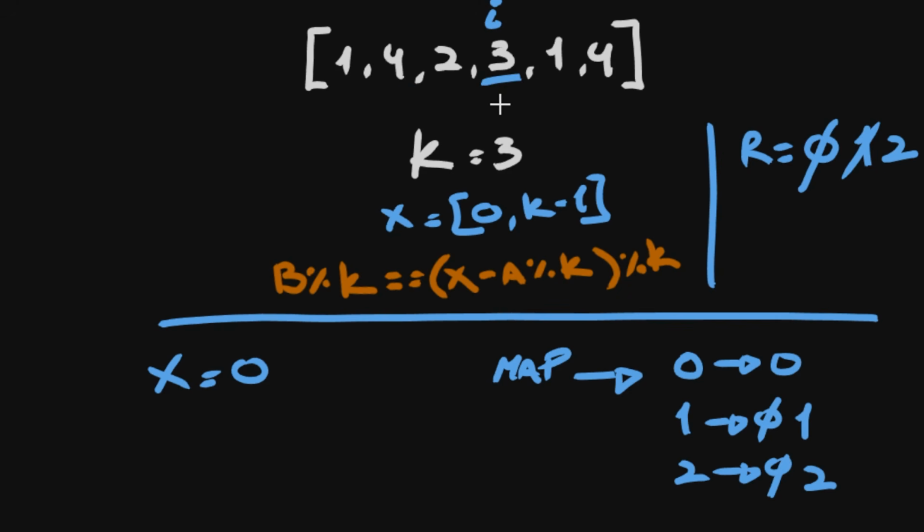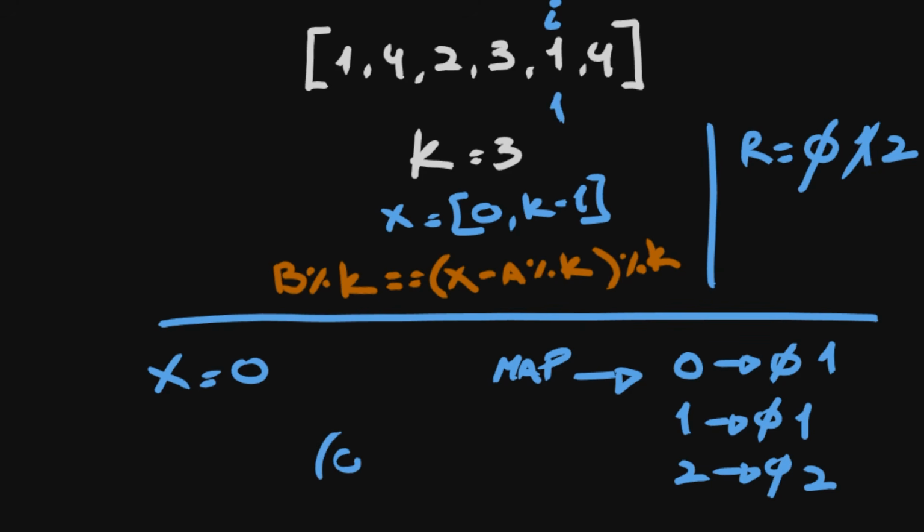Next we are here and we do 3 modulo 3, this is 0. So we are looking for 0 minus 0 modulo 3. And this is 0. So we take 0 plus 1 and we put this in map at 0. Now we're here and 1 modulo 3 is 1.